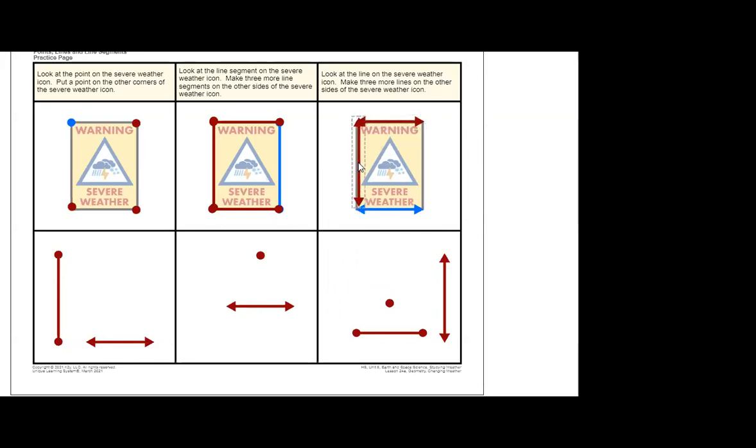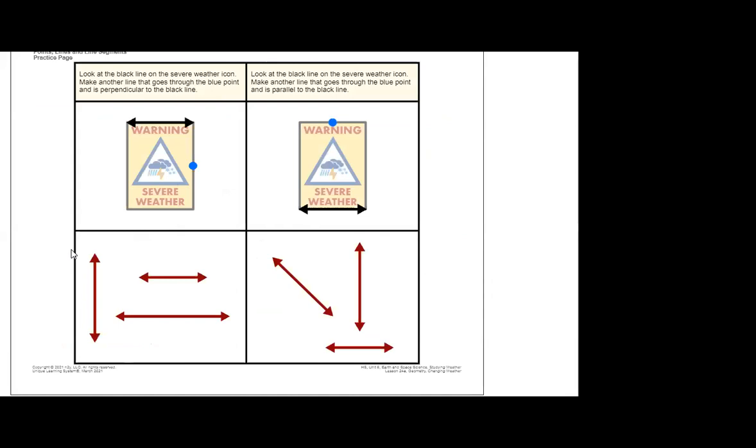Put my second one on the side. And then where do I put my last one? On the other side. Thank you. Does that make sense to everyone? Yes, ma'am. Do we have any questions? No, ma'am. Okay.